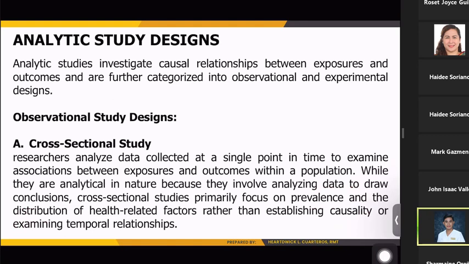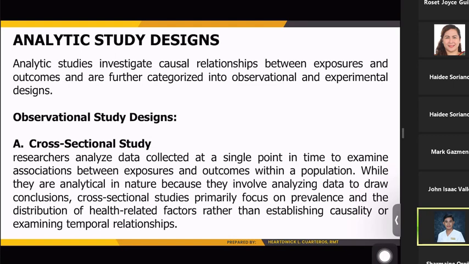Next, we have your analytic study designs. Analytic study designs investigate causal relationships between exposures and outcomes and are further categorized into observational and experimental designs. First, we have the observational study designs. Number one is your cross-sectional study.